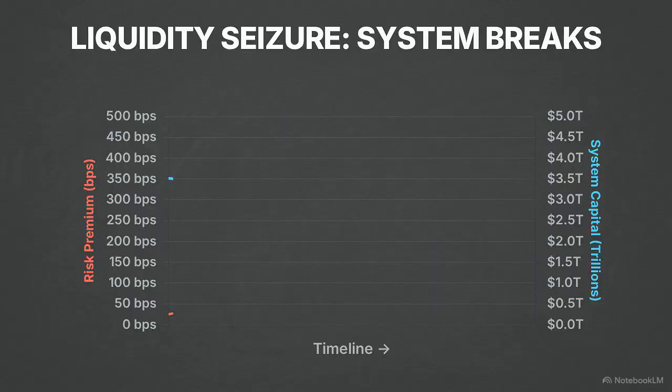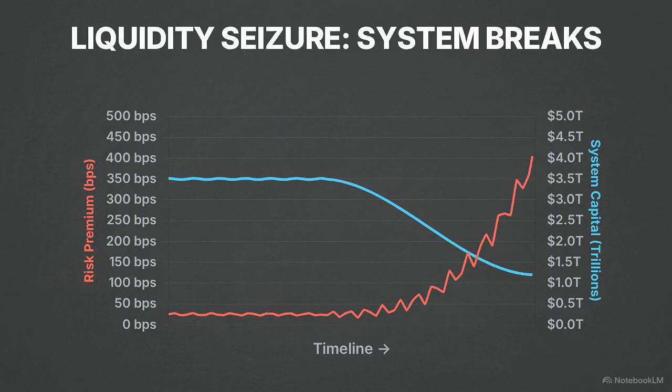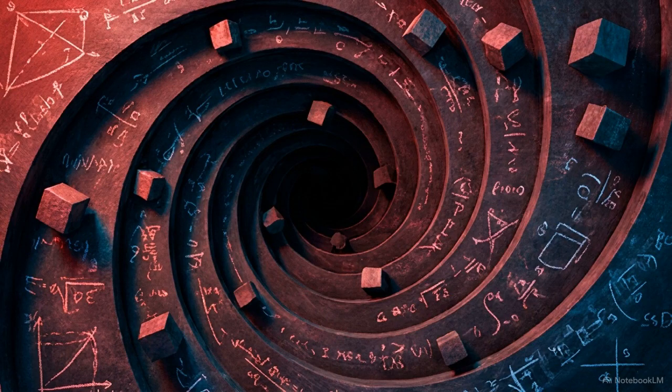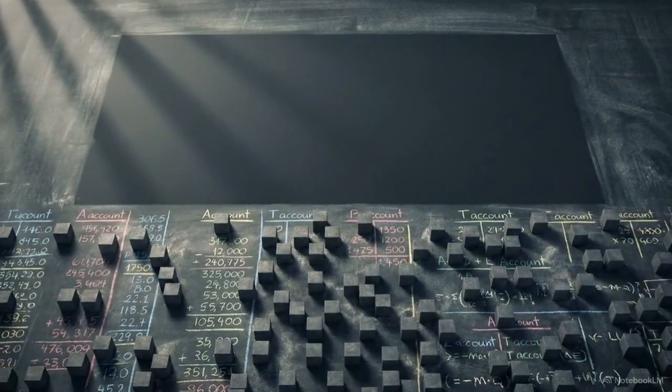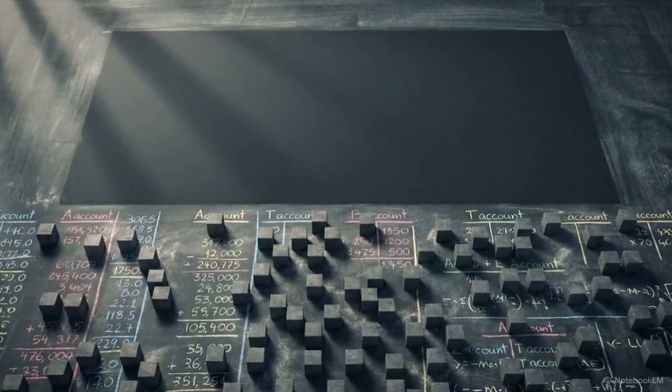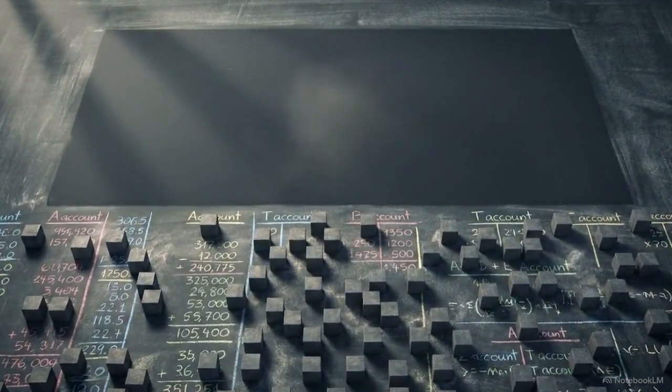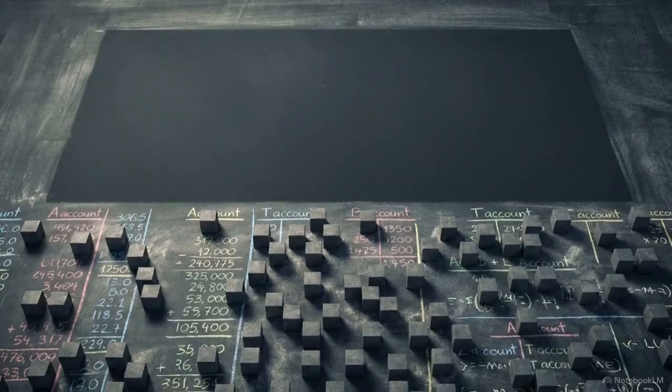If interbank lending ceases, evidenced by a spike in the TED spread or a drop in reserve balances, a localized gamma squeeze can quickly escalate into a systemic collapse. Ultimately, the Black-Scholes-Merton equation provides the essential mathematical framework for predicting and understanding the sheer scale of these modern liquidity crises.